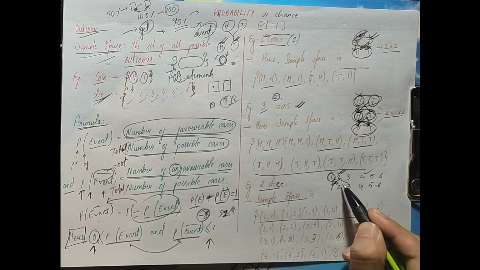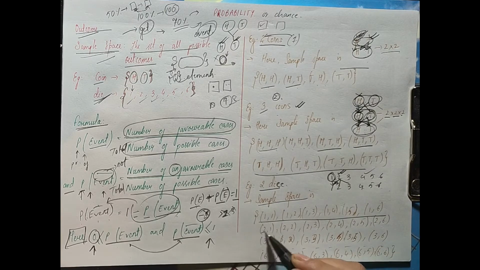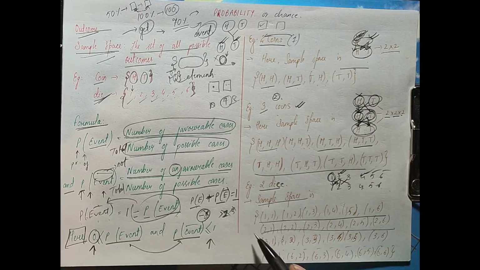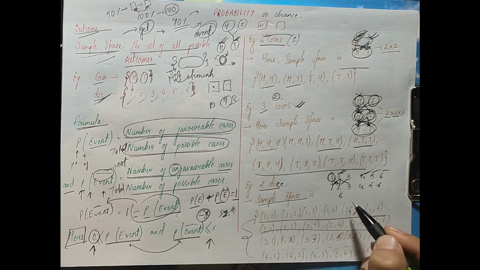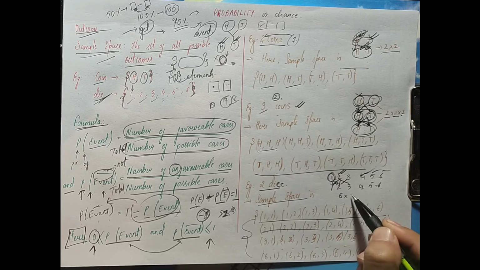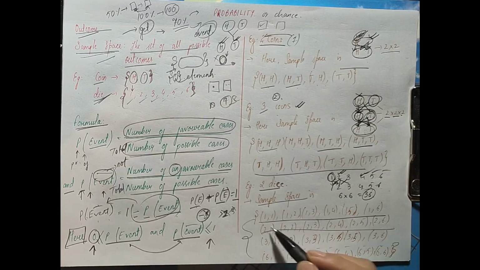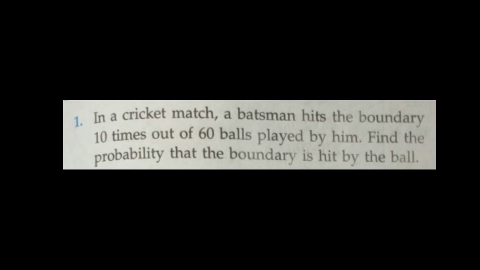So again 2 1, 2 2, 2 3, 2 4, 5, 6. So with 2, similarly with 3, 4, 5 and 6, and this is what you'll get. Again to check, the first die had 6 possibilities, into second die also 6 possibilities, so 6 into 6 is 36. So there should be 36 possible outcomes.